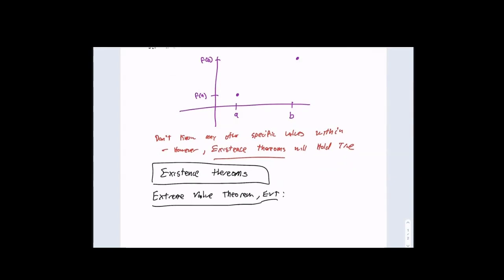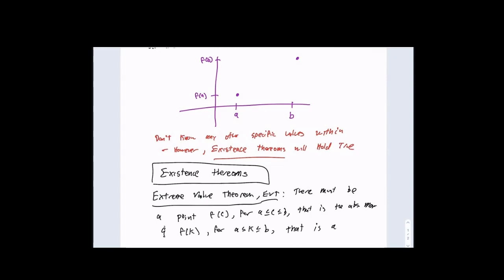And EVT, the extreme value theorem, informed me that given that we have a closed interval, we know the function is continuous, then we know for certainty that there must be a point f of c, for a less than or equal to c less than or equal to b, that is the absolute max, and f of k, for a less than or equal to k less than or equal to b, that is the absolute min.